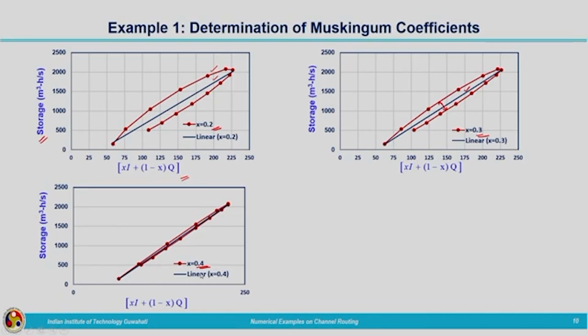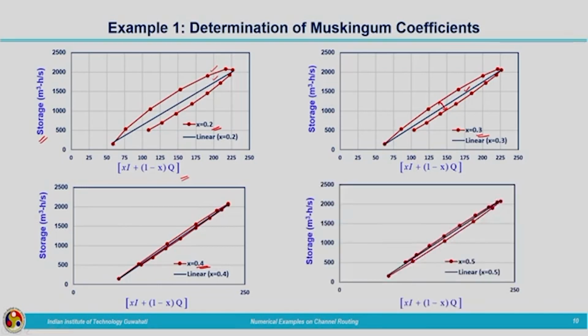And let us see what is the case with x is equal to 0.5. When x is equal to 0.5, you can see the width is more. Comparing the graphs of x is equal to 0.4 and x is equal to 0.5, the loop can be approximated by means of the fitted straight line in a better way in the case of x is equal to 0.4.